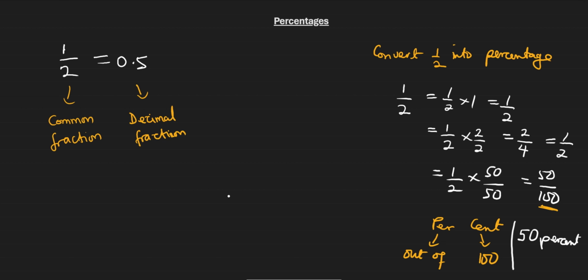Now, percent or percentage has a symbol, because we cannot be writing a number percent in English like that. Like how I wrote the 50%, we cannot be writing this all the time. So there's a symbol. The percentage symbol is this.